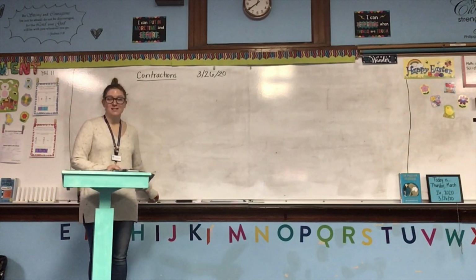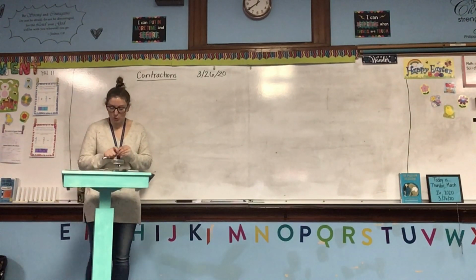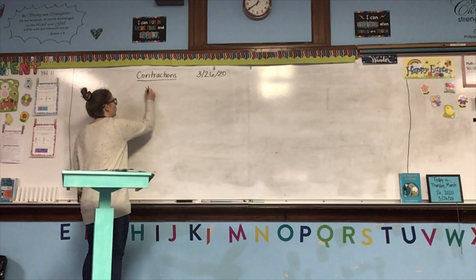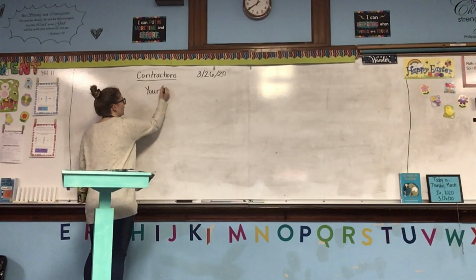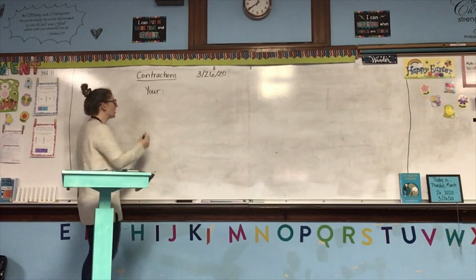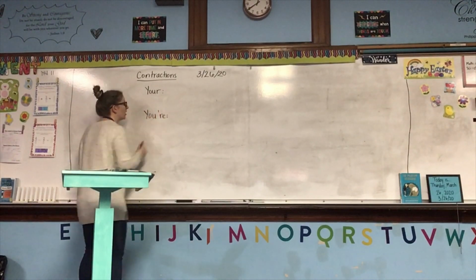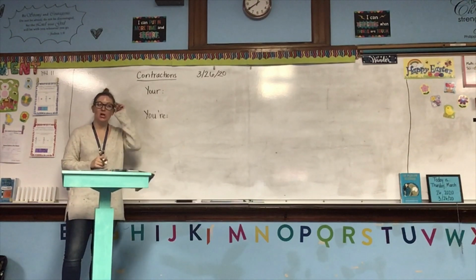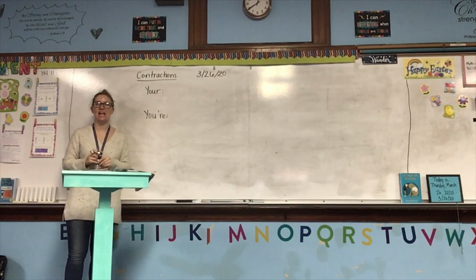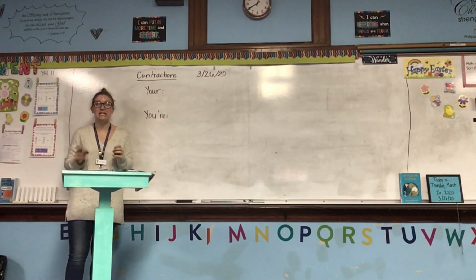Okay, so first, let's talk about the word your, Y-O-U-R, and the word you're, Y-O-U-R-E. Now, these words are homophones. That means they sound the same, but they have different meanings.